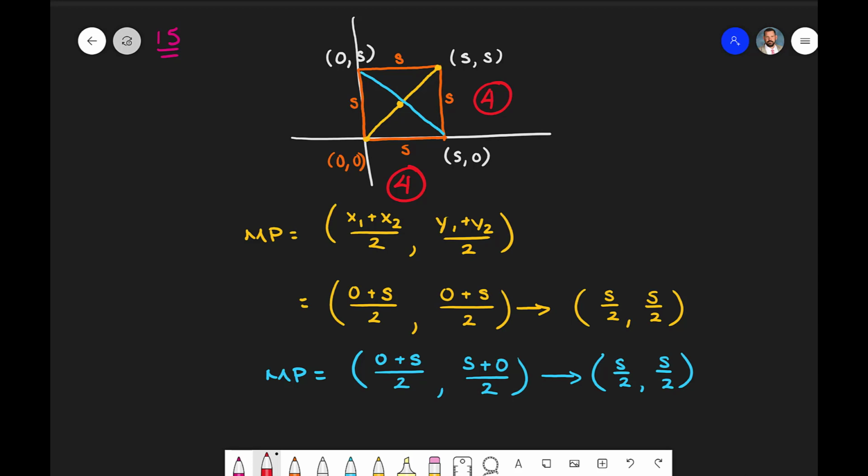It's half the length of each side. This is just getting you to think a little more abstractly about every conceivable square, but that's how you prove that the diagonals of squares intersect at their midpoints.